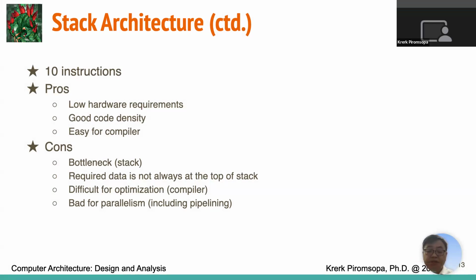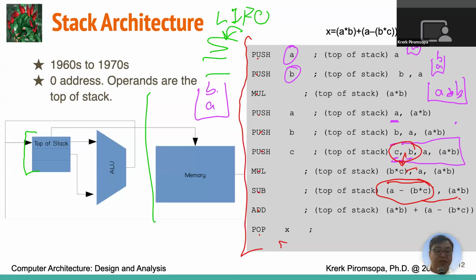So this is good in terms of hardware requirement, because every instruction is small. And to build the software, to compile the software, this is easy because now you don't have to translate this. If you know how to do in-order, prefix, postfix, you know that. Maybe you learned that from an algorithm class.